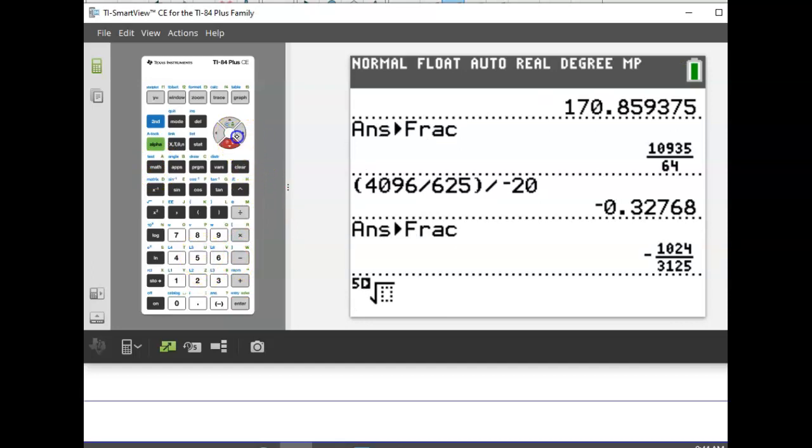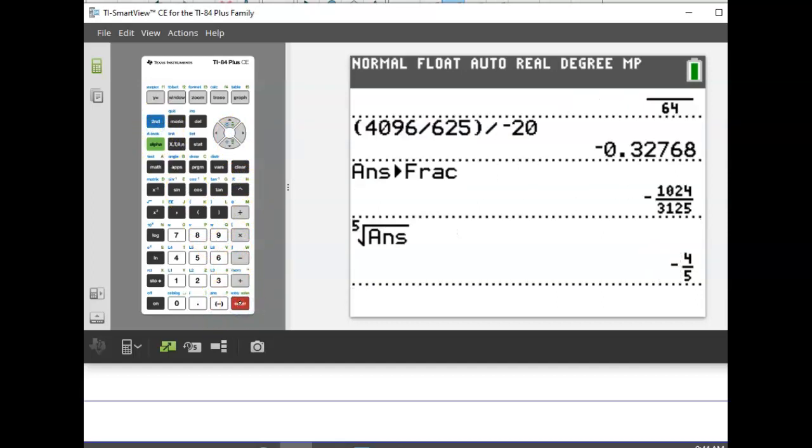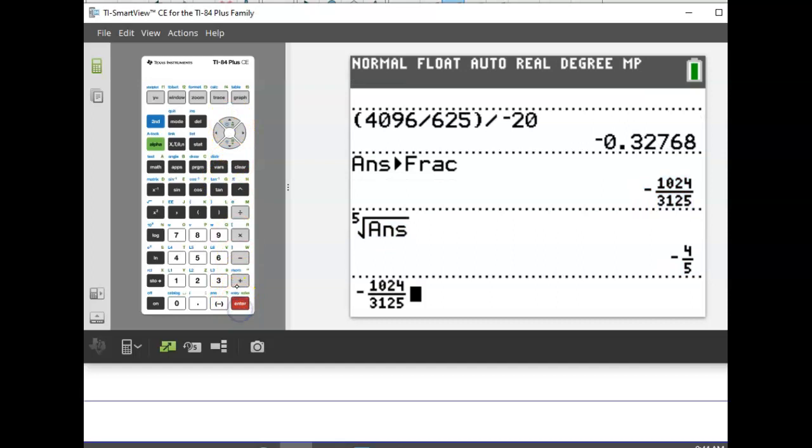Now, it is a negative number, but it's actually going to work. I'm going to just call it the last answer here. I got negative 4/5. If I had put this in, I would have needed parentheses around it to do to the 1/5, I think, unless I just called it answer.